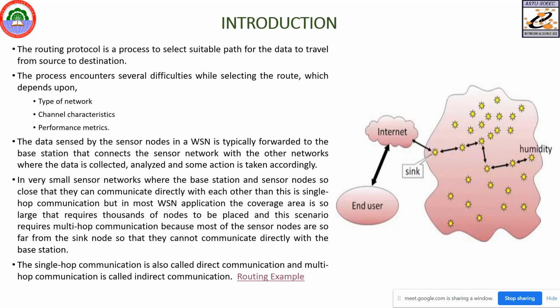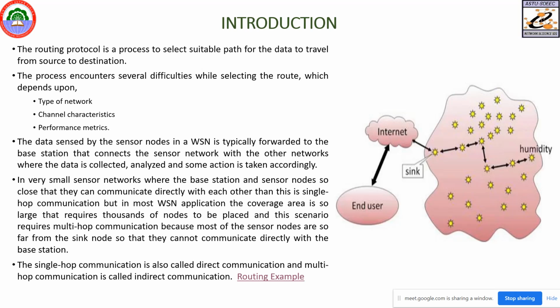How are we going to send the information, what should be the path, what should be the route, and what routing protocol has to be used to take care of this transmission? To perform these tasks, we need to have a routing protocol.